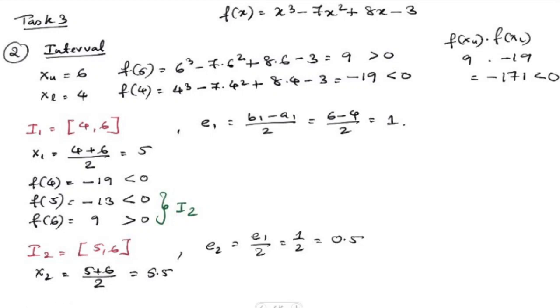I don't have enough space here, so I'll go to the next page. I have to now write f of 5, f of 5.5 and f of 6. So f of 5 is minus 13, which is less than 0.